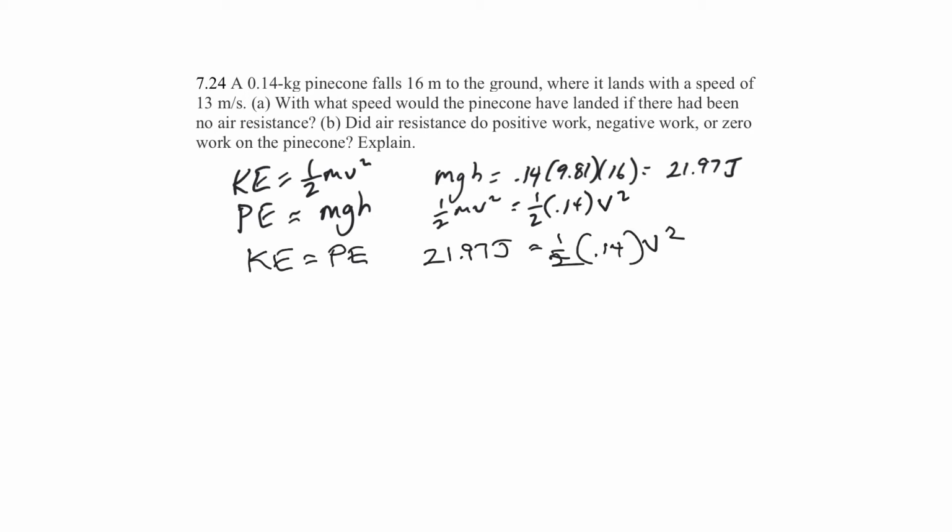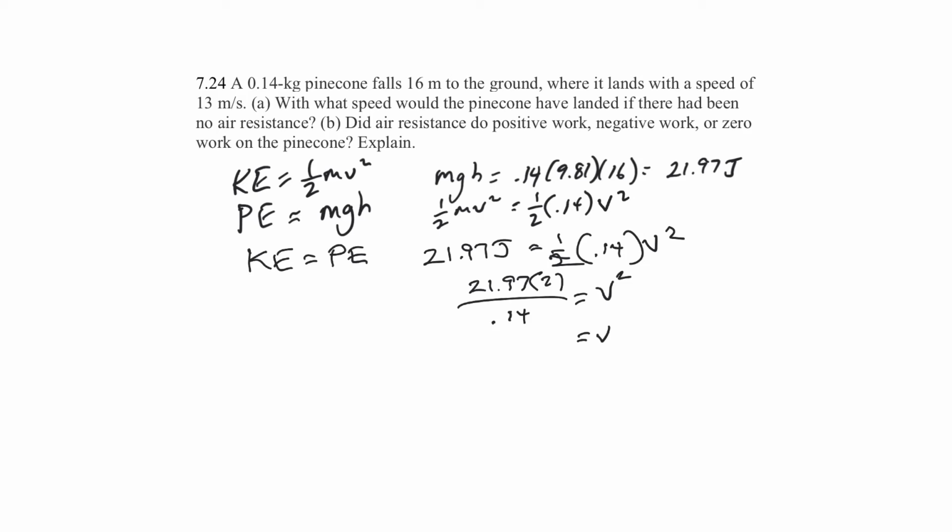So we'll get velocity by itself. Multiply the 21.97 times 2 and then divide by 0.14. All I'm doing is getting v by itself. So we'll have 21.97 times 2 divided by 0.14 equals v squared. And then we want v as being the square root of that.